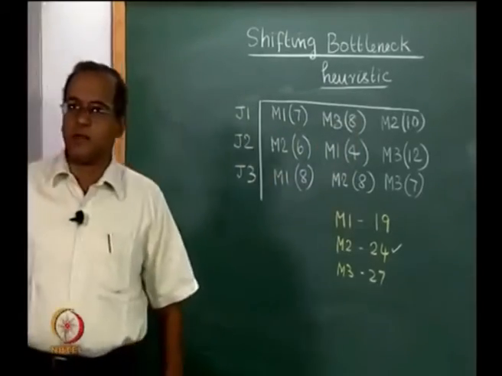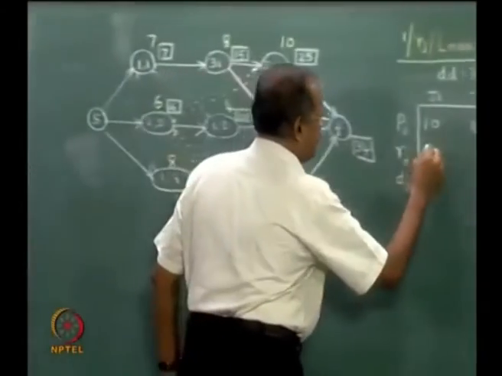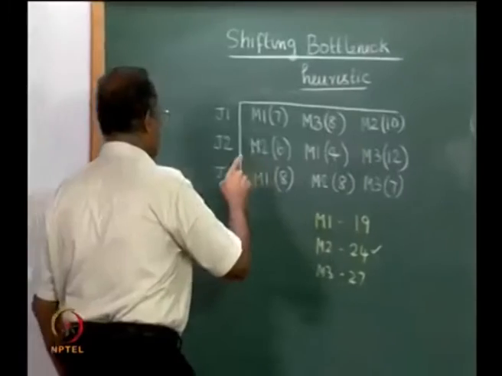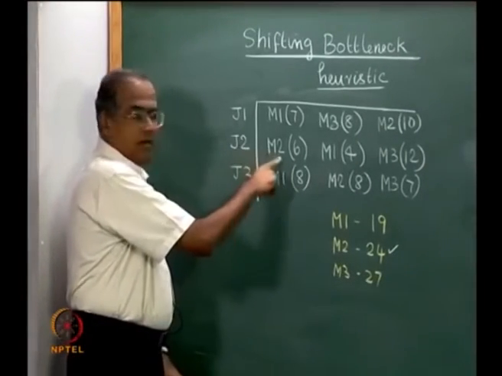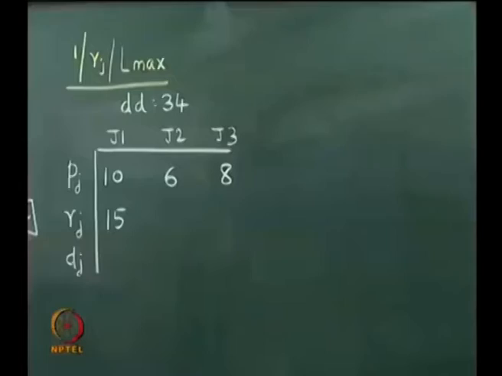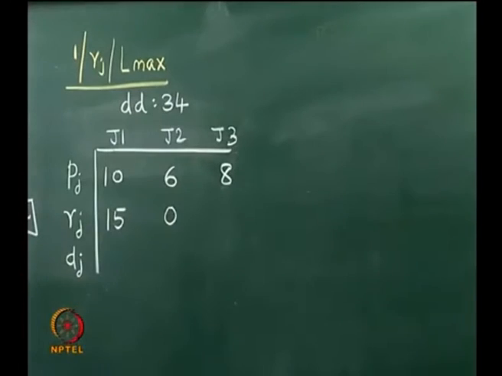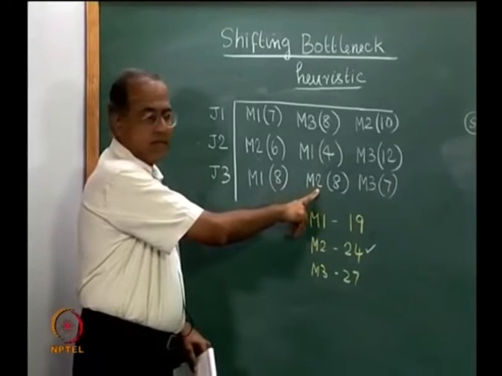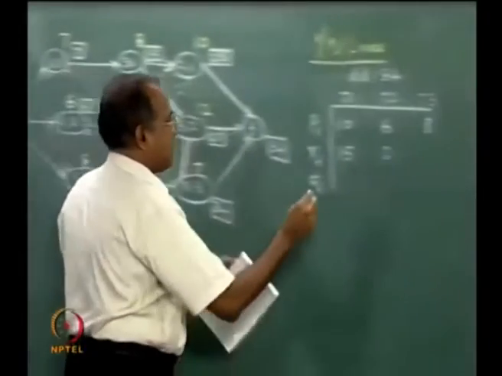So, rj is 15 here. As far as J2 is concerned, J2 on M2 is the first operation, therefore the earliest it is available is 0. As far as J3 is concerned, M2 is the second machine, and therefore the earliest J3 can be available at M2 is at time equal to 8.